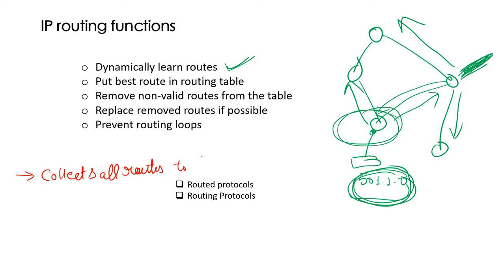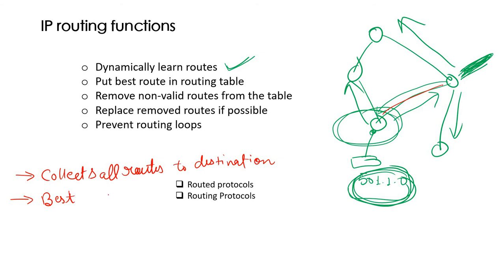It has a table of all the destination routes, but only the best ones depend on different criteria. We will learn what those criteria are, but it can be based on the speed of the link, or on how many hops away it is.